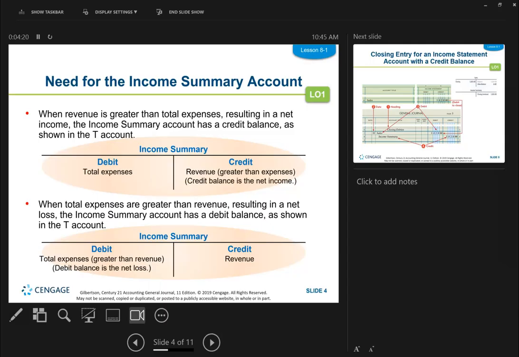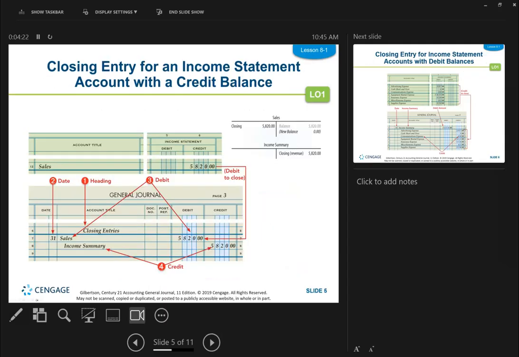So again, this is the idea. All right. So these closing entries happen in 4 phases. There are 4 classes of closing entries, and then the individual accounts that you have to worry about under that entry. Are we okay? So the first entry is going to be sales.